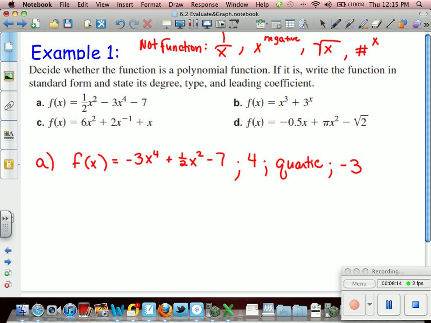All right, so let's look at B. Is it a function? No. You said no. Why? Good. There is a variable as an exponent with this 3, so it is not a function.